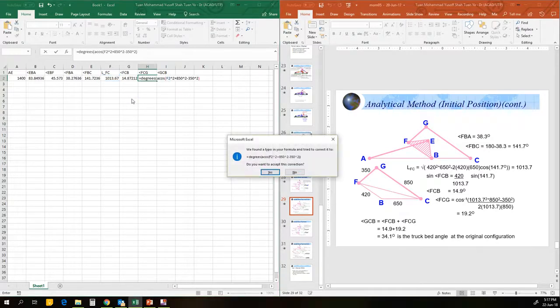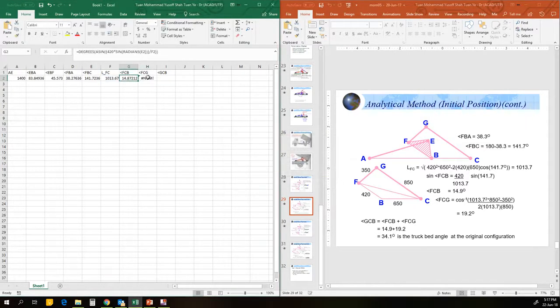Something is wrong here. Of course, a mistake. Then we divide by 2 times the length, 1013, times 850.